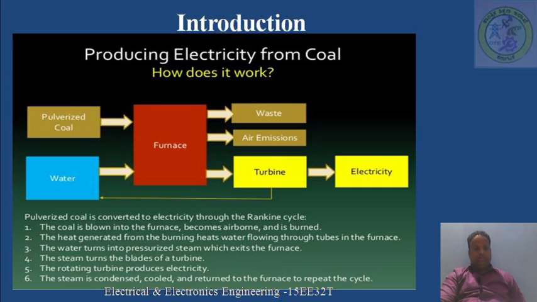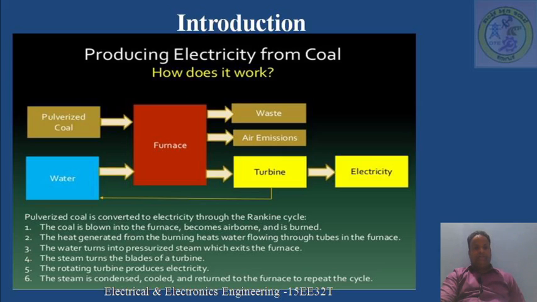The various steps for producing electricity from coal are: the coal is burnt in the furnace, that is the boiler. Second, after burning the coal in a boiler, heat is generated. Whatever heat is produced when the coal is burned in the boiler furnace is used to convert the water into steam.